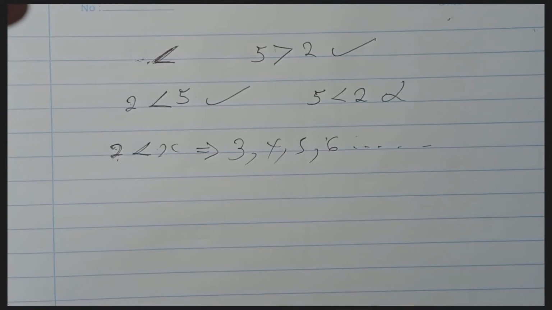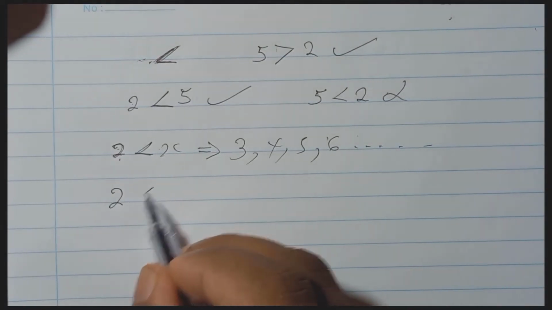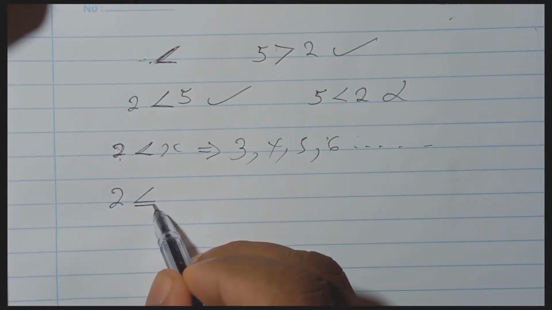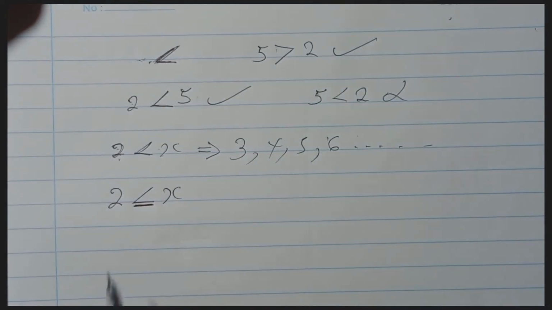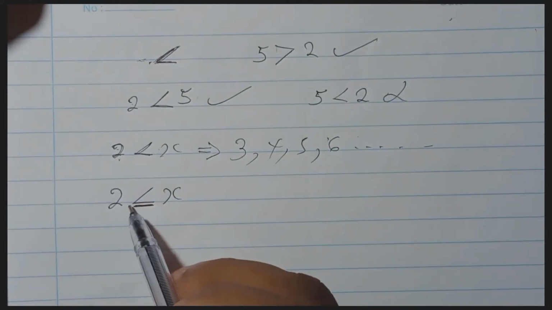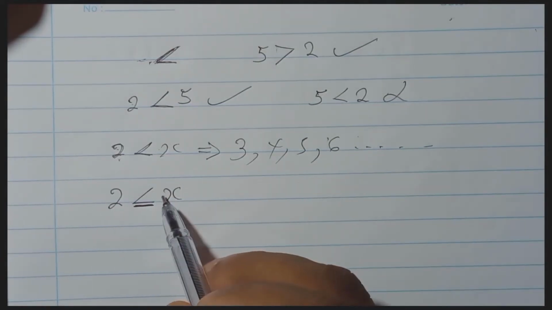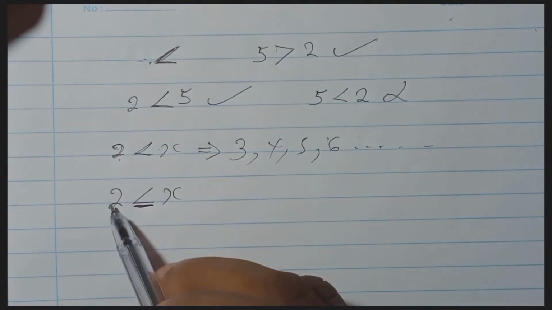And again, very important: if they give it this way, 2 less than x, and then they put a dash under the sign, now what is the meaning? Again x is greater than 2, but since they put the dash, x can be equal to 2 also.